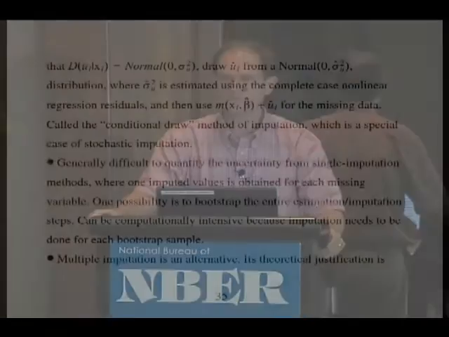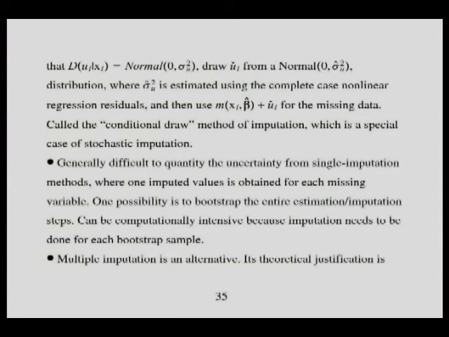Little and Rubin prefer, and I think the literature in general does too, the so-called method of what they call conditional draws, which is to add randomness to this imputation of the missing values, because you know that the chance that the actual data is equal to its conditional mean is very small. So what can you do? Well, of course, as you layer on more stuff, you have to make more assumptions.